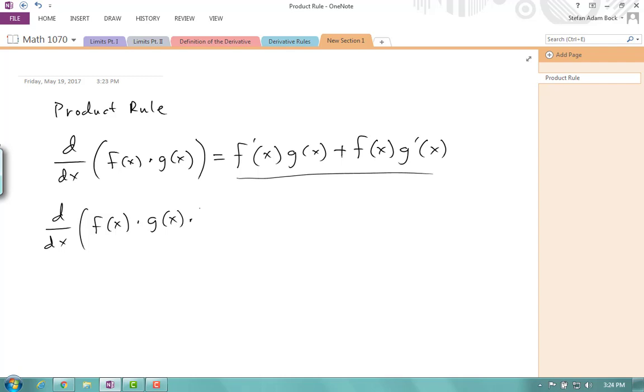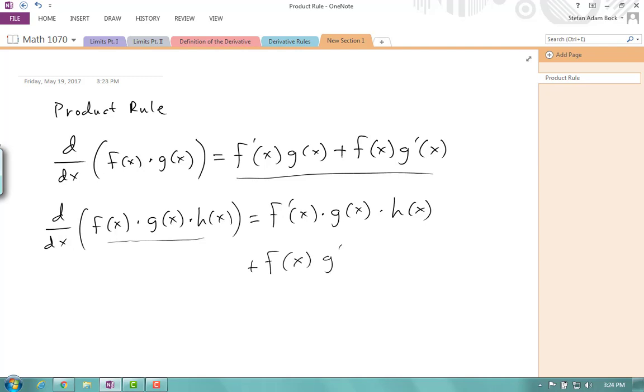If I have 3 functions, for example, then how the product rule ends up working is I need to rewrite this term with a different derivative each time. And what I mean by that is, first up I'll have f prime of x times g of x times h of x, plus, I'll write it again, but a derivative of the second function, g prime of x times h of x, plus f of x times g of x times h prime of x.